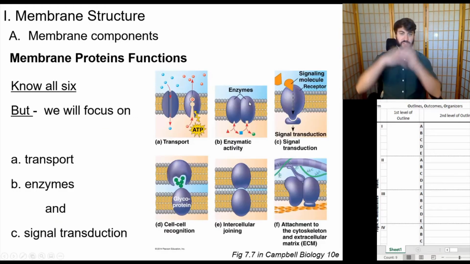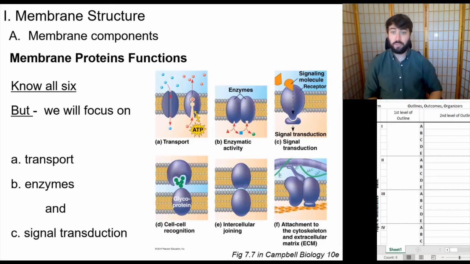So what do these proteins do? Well, they have several functions. Okay, six to be more precise here. First, transporting things into and out of the cell through lots of different mechanisms, which we'll get to later on. They can also act as enzymes that facilitate reactions, often taking place right next to the plasma membrane.